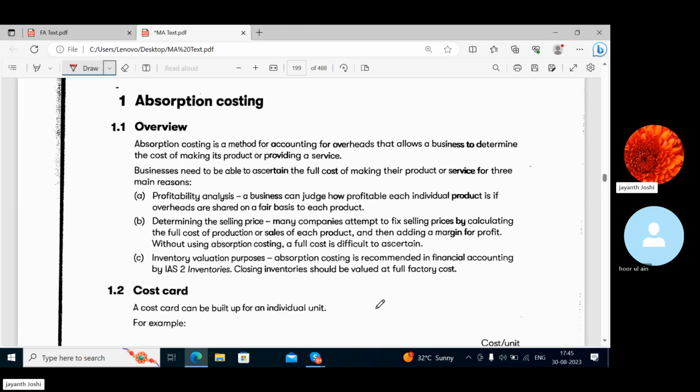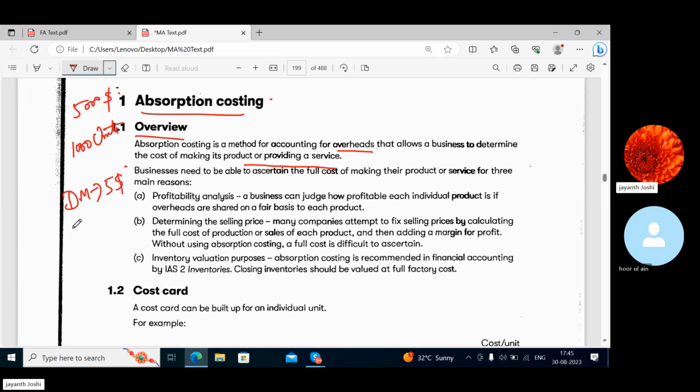Now let's take into consideration the first point, that is overview regarding absorption costing. Absorption costing is a method for accounting for overheads that allows a business to determine the cost of making its product or providing a service. That means direct material we have per unit, let's say $5. If I'm making 1000 units, the total direct material cost will be $5,000.